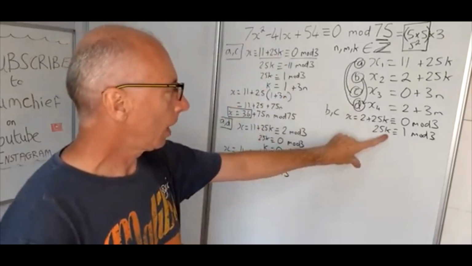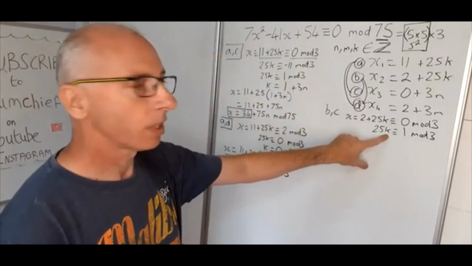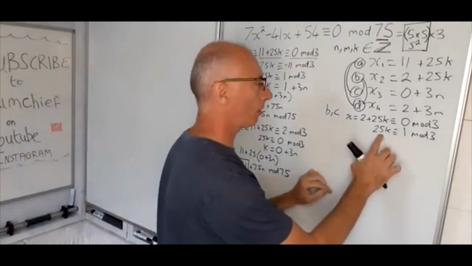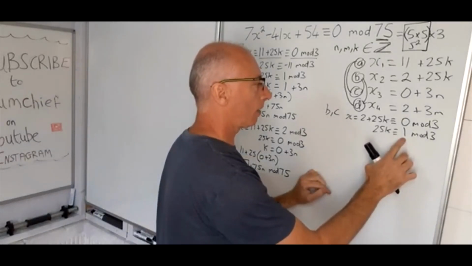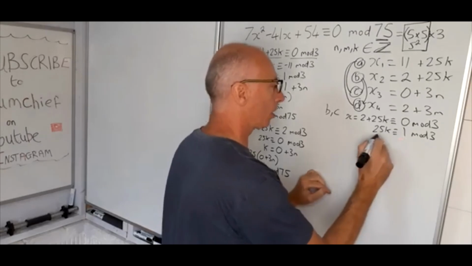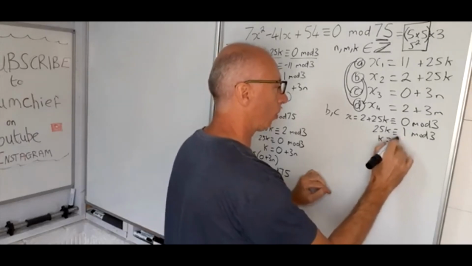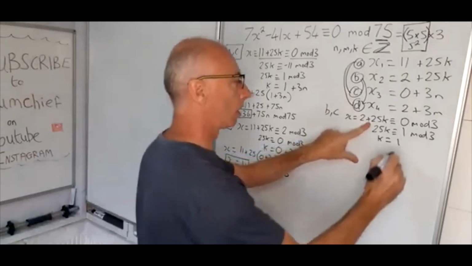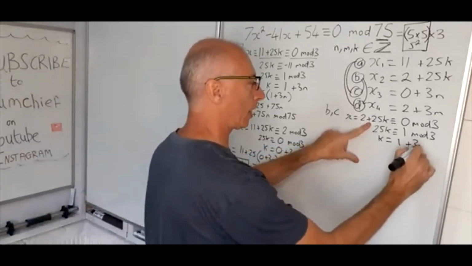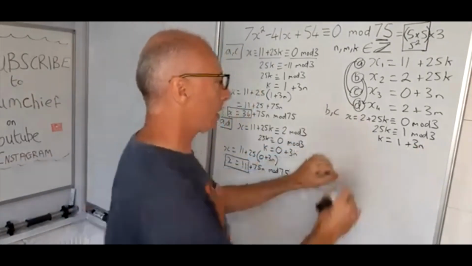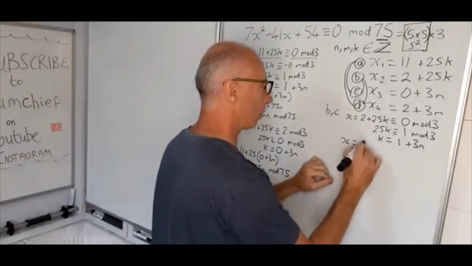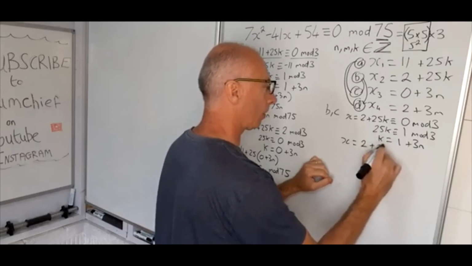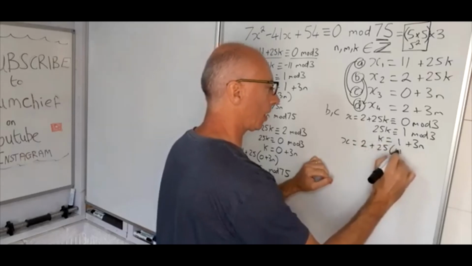So we need a value of k, and we can see that k here is 1. 25 times 1 is 25, and 25 is congruent with 1 mod 3. So k equals 1. Now plugging that in here, we need to put the 3n in there as well. So now we get x equals 2 plus 25 times 1 plus 3n.